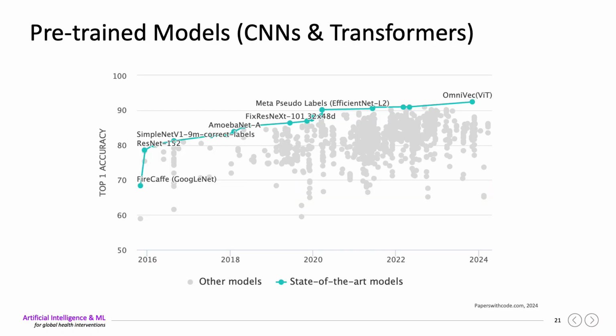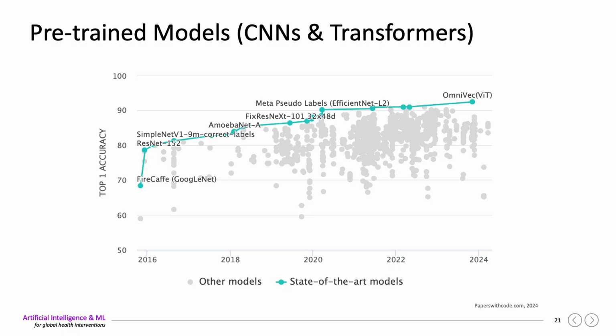This slide compares pre-trained CNNs and transformers on ImageNet. Top 1 accuracy over time, from paperswithcode.com in 2024. The horizontal axis is the year, from 2016 to 2024, and the vertical axis is top 1 accuracy, with gray dots for individual models and a teal line tracing the state-of-the-art.